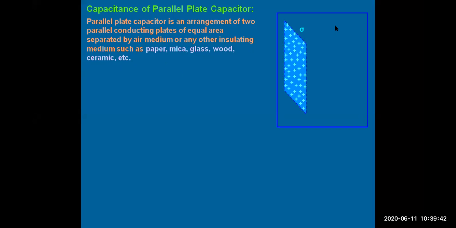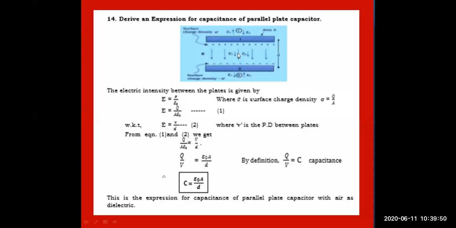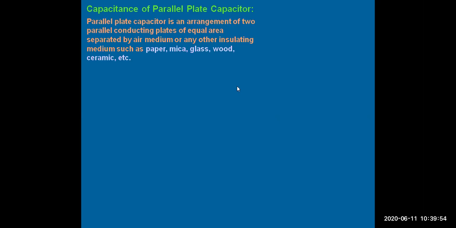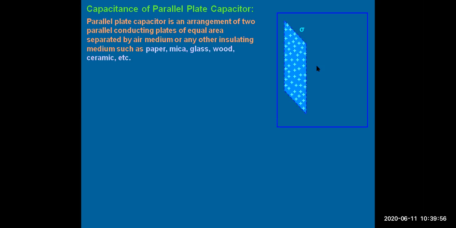Now you can see the diagram here. The two plates on top and bottom are explained to you simultaneously. This is plate 1 and this is plate 2. I'm showing it to you vertically. You can see clearly plate 1 is having only positive charges.